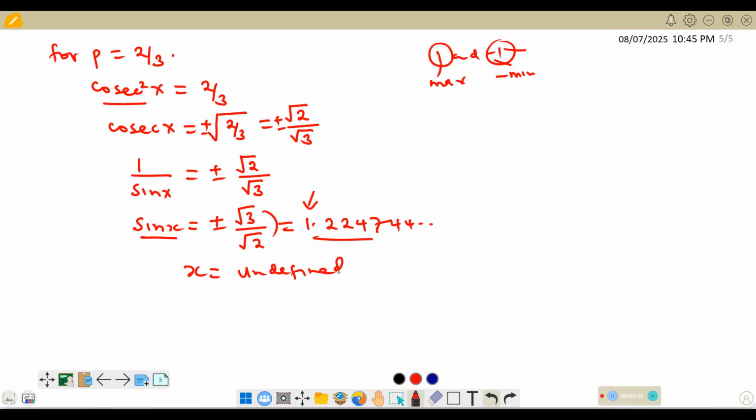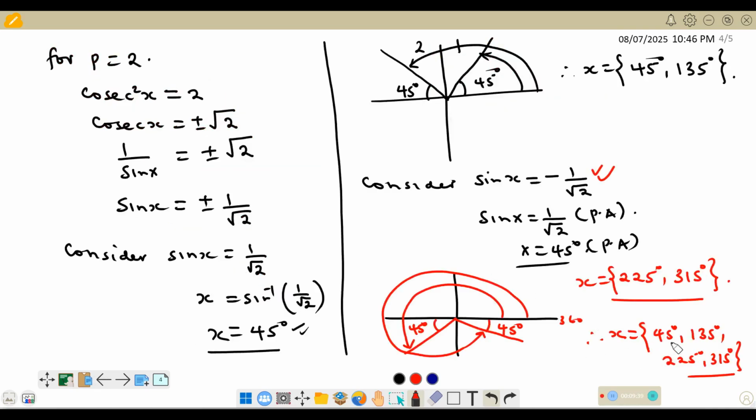And if that is the case, then we shall now have our angles. So for 0 degrees less or equal to x less or equal to 360 degrees, the angles that will be satisfying this range will be the angles that we obtained here. That is 45 degrees, 135, 225, then 315 degrees.